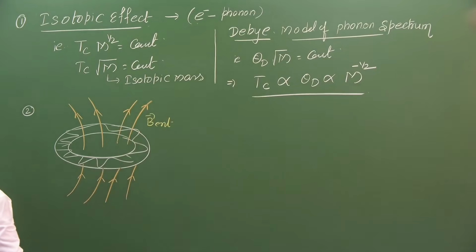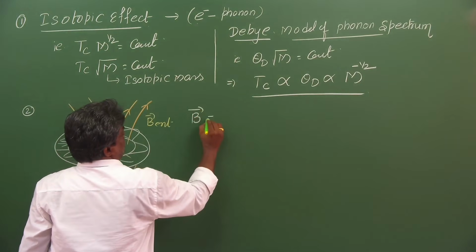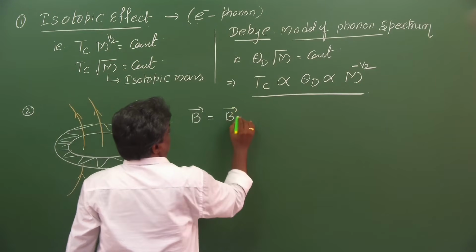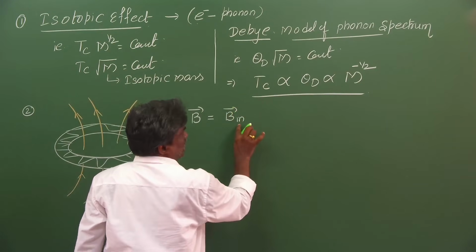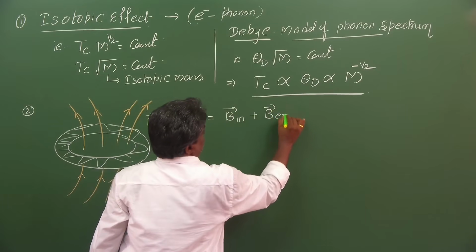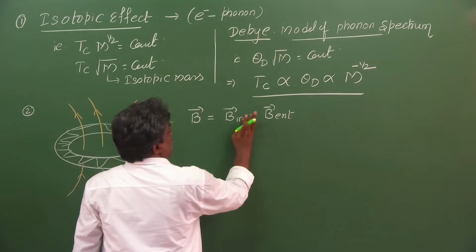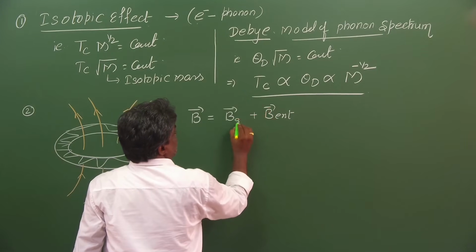So here we have two types of magnetic fields. I hope everybody knows: the total magnetic field is equal to the magnetic field induced inside, plus the external magnetic field. Say yes or no.